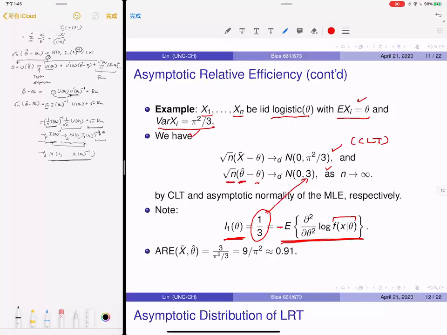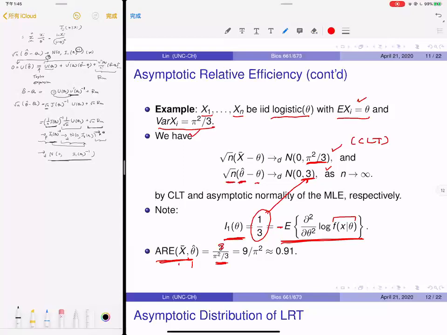Taking the inverse becomes 3. So it means I do have 2 estimators, both are consistent estimators. One is X bar, one is theta hat. And then they do have different variances. Okay, then ARE basically means X bar relative to theta hat. And then you put this guy's 3, the variance of the MLE, this guy's the variance of X bar.